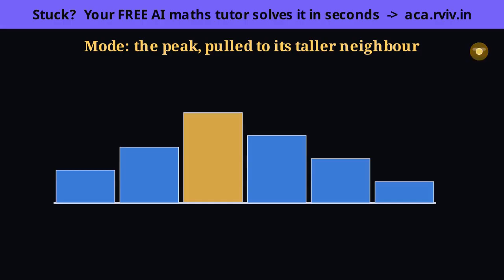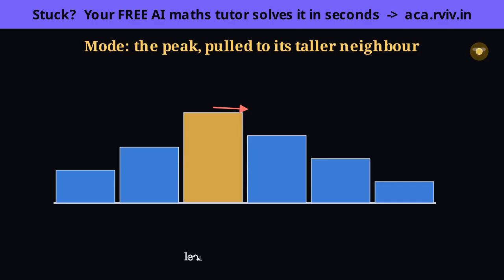Now here's the clever bit, and it's genuinely intuitive once you see it. The exact mode is not the middle of the tallest bar. Look at its two neighbors. If the bar on one side is much taller than the bar on the other, the peak of the data is being tugged toward that taller side. The crowd doesn't drop off symmetrically.